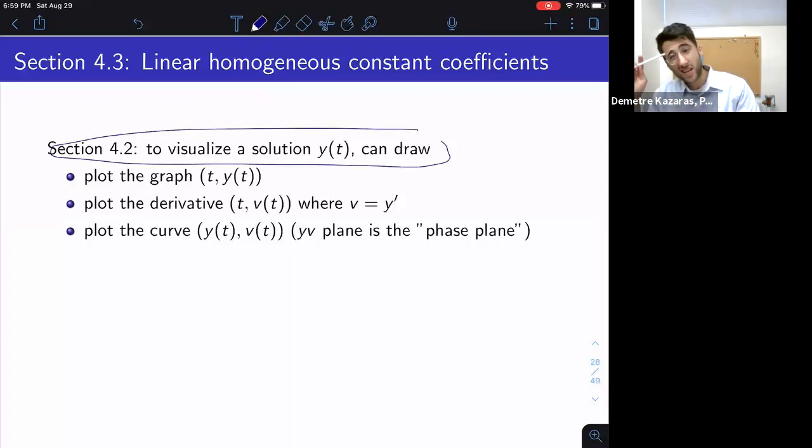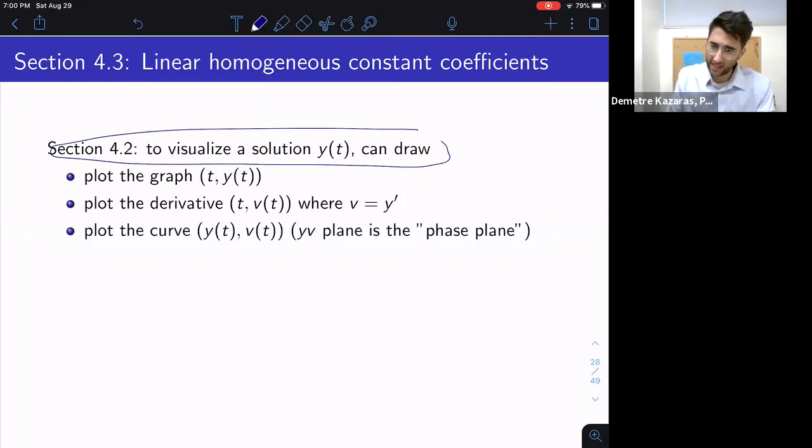Remember early on in chapter 2, we got a good way to visualize what solutions might look like by slope fields. We said, okay, sometimes you can just get a good idea of what's going on with an equation by drawing the slope field. And yeah, you can predict the long-term behavior without even solving the equation, through a slope field.